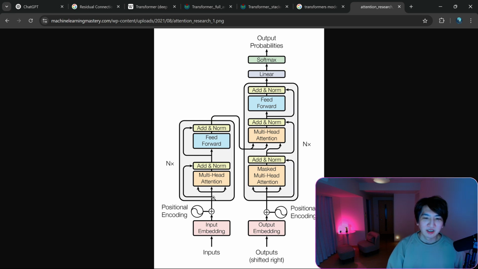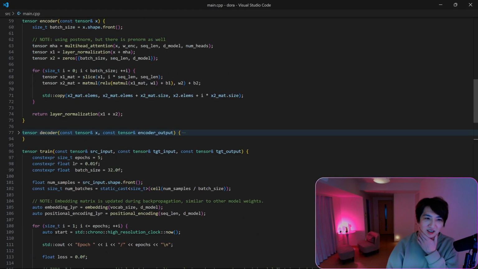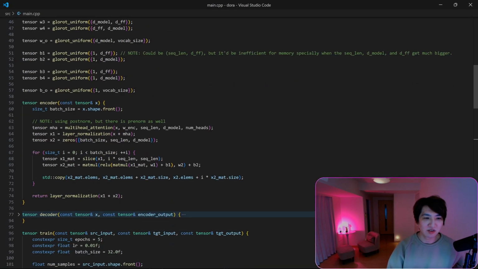So anyway, this input would be added to the output from this multi-head attention. That's what this add means. And this norm means normalization. So after you add the input and the output from this layer, you normalize it. Which would correspond, in my code, to here.